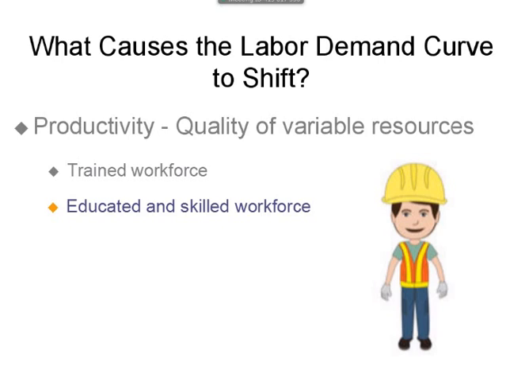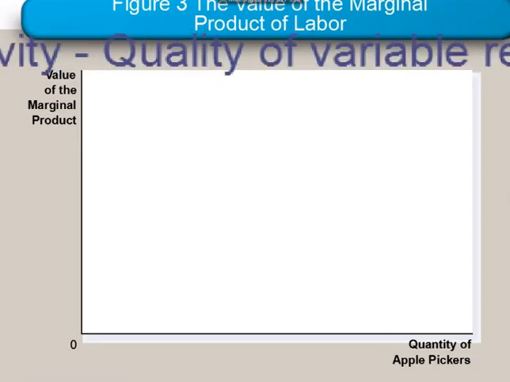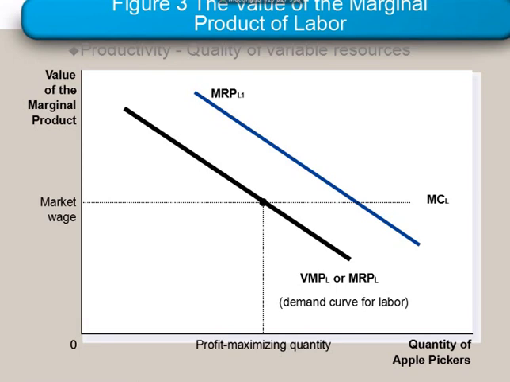Okay. So if the quality of variable resources is higher, then it is likely that productivity by each labor would increase, causing marginal revenue product to increase. As a result, the demand for labor curve will shift rightward.